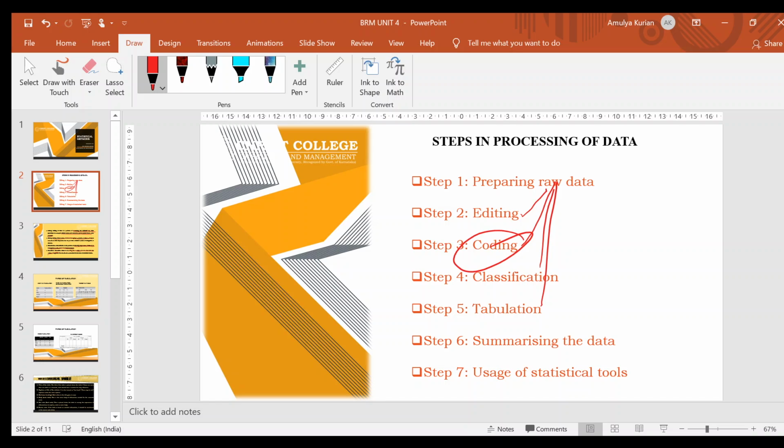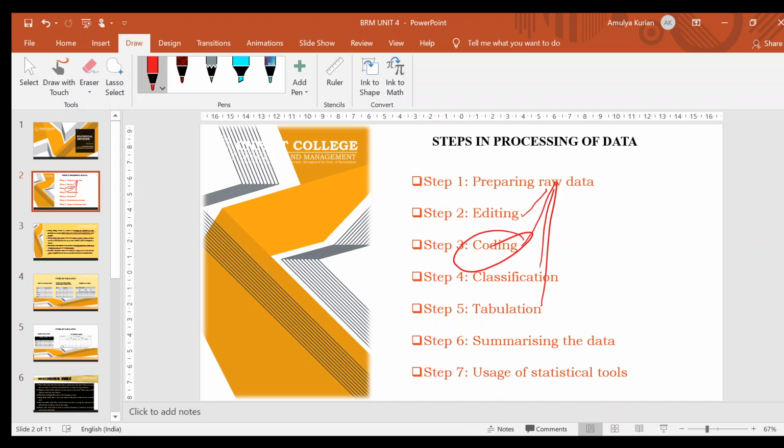And there are qualitative and quantitative classifications which will be used. So it can be based on the attributes or it can be according to the class intervals. Okay, so that is about classification. So classification is mainly done to reduce the large mass of data into homogeneous groups for meaningful analysis.